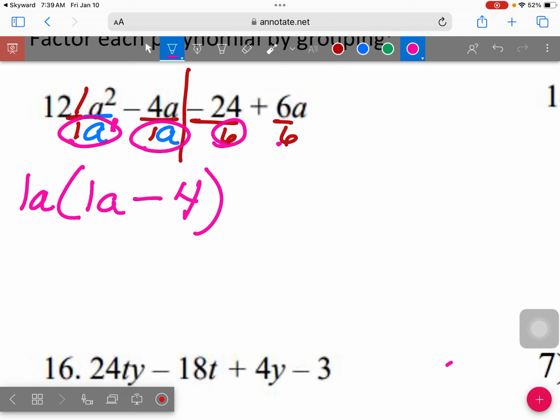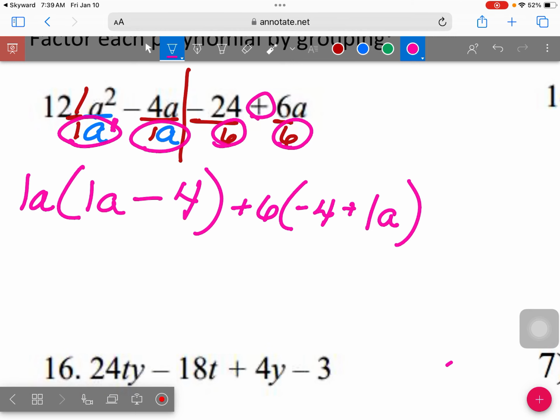So 6, a positive 6, is going to be my greatest common factor. So negative 24 divided by 6 is negative 4 plus 6, I don't need that circle there. 6 divided by 6 is 1, and a divided by 1 is a, where I don't have anything to divide it by, so it's a.